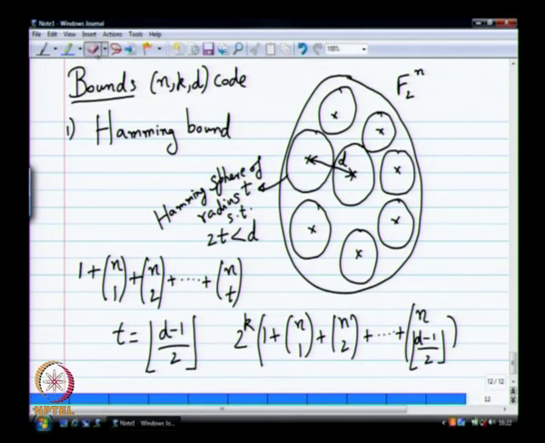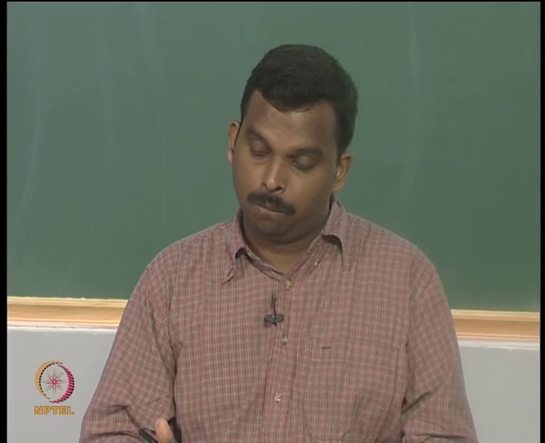So let me write this down a bit more clearly, is less than or equal to 2 power n, okay. So that's an inequality which relates n, k and d, and it's valid always. Any n, k, d code you have, this has to be satisfied. You cannot violate this. An n, k, d binary code will satisfy this condition, okay.